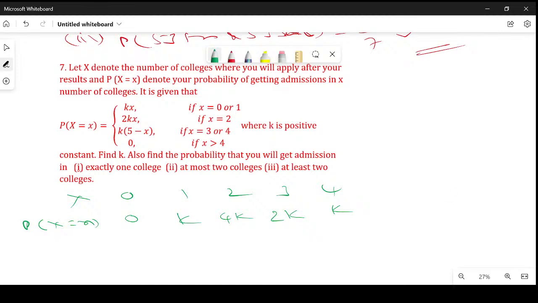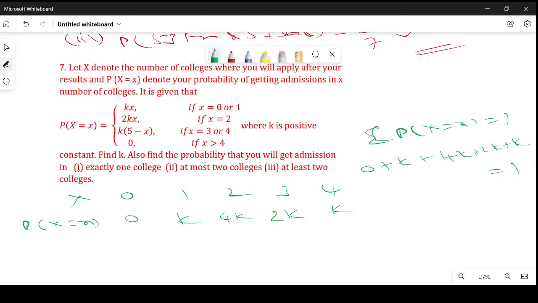But again we know the sum of the probabilities is equal to 1. Sigma P of X equal to x is equal to 1. You can see 0 plus k plus 4k plus 2k plus k is equal to 1.